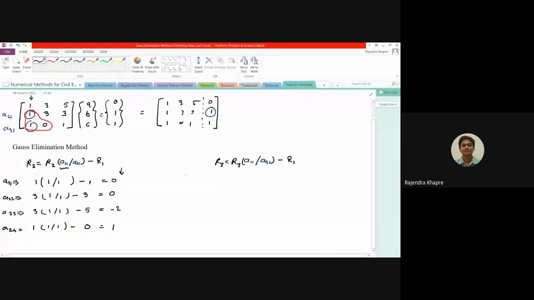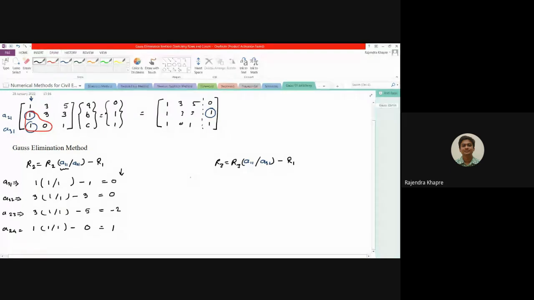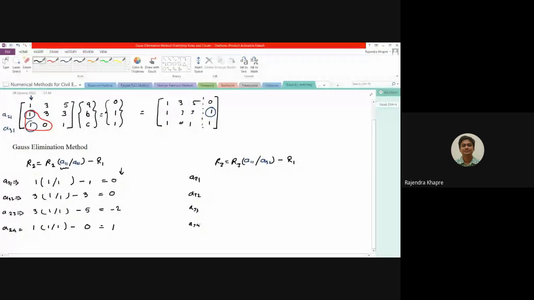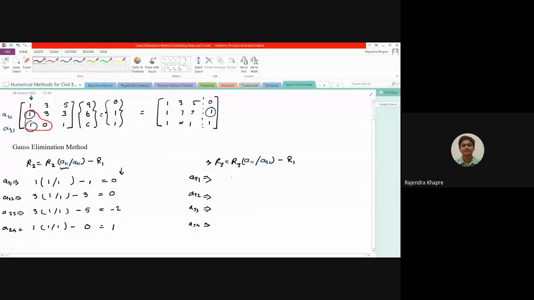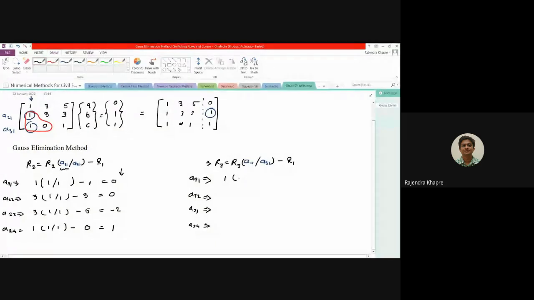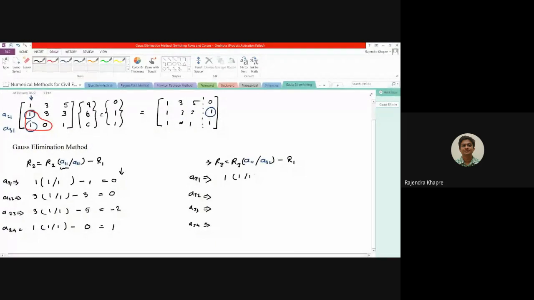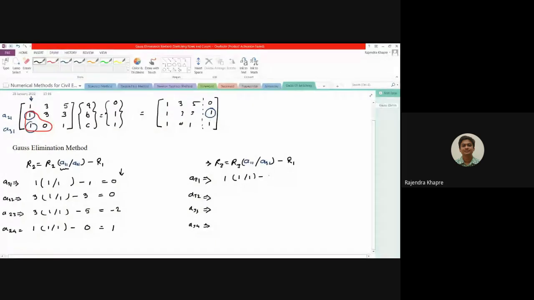Now similarly, you can have the values of row 3 also. In row 3 you will have a31, a32, a33, and a34, operated as per the equations given over here. If I go for a31, a31 is 0, multiplied by a11 which is 1, divided by a31 which is also 1, minus r1 which is also 1.